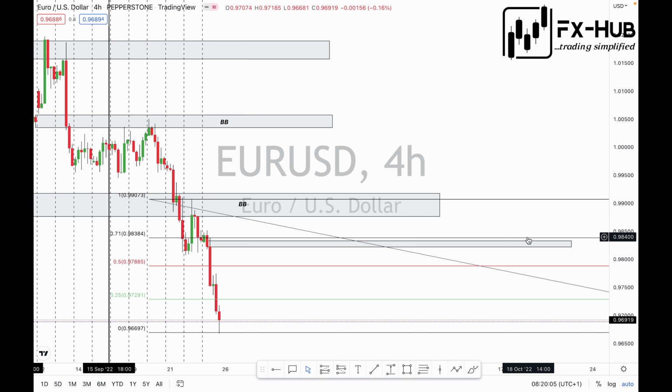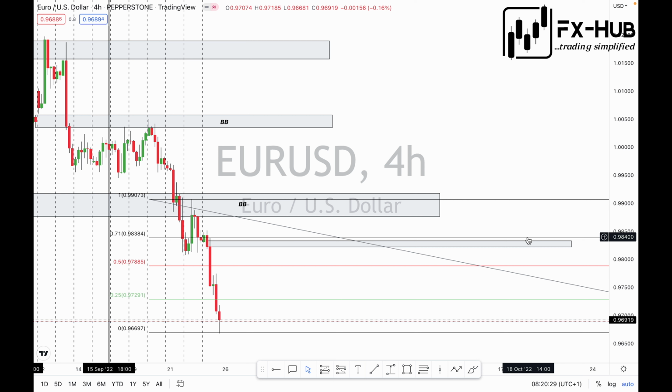In one of the forex foundation courses that I uploaded on YouTube, I think I did justice to round numbers and psychological numbers, those stuffs. 98400 actually aligned with the 71% retracement on the Fibonacci retracement tool, that's 0.721.